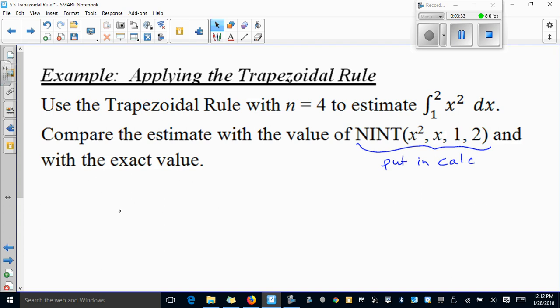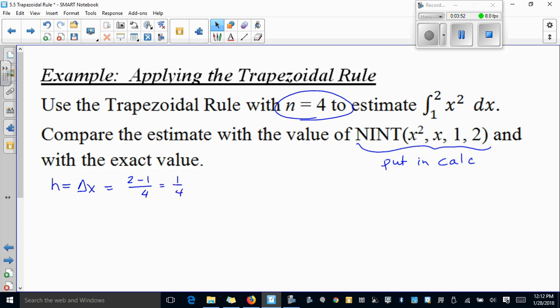So, trapezoid rule. On this one we need h, which is simply delta x, which is going to be (2 minus 1) over 4, because they told you to do 4 intervals. So it's going to give you 1/4.